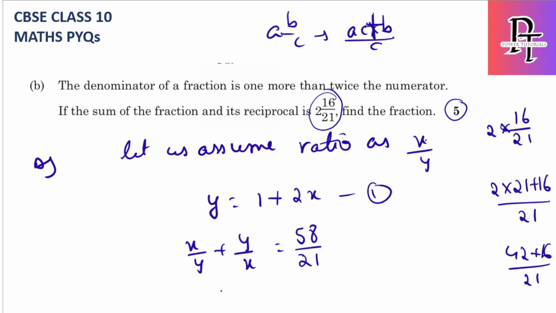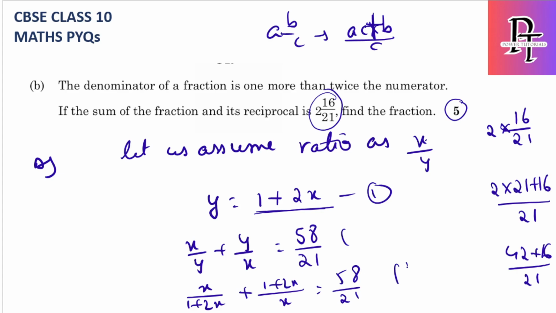It becomes x square plus y square and so on, but I suggest you to write it here itself. It will be easy, because from 1 we know that denominator is 1 more than twice, so y is equal to 1 plus 2x. So let's write it here. X by (1 plus 2x) plus (1 plus 2x) by x is equal to 58 by 21.